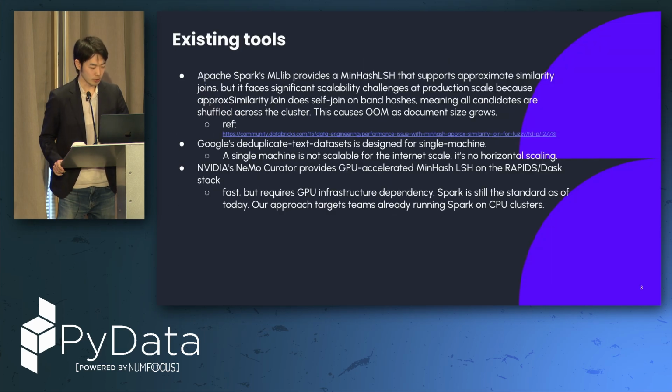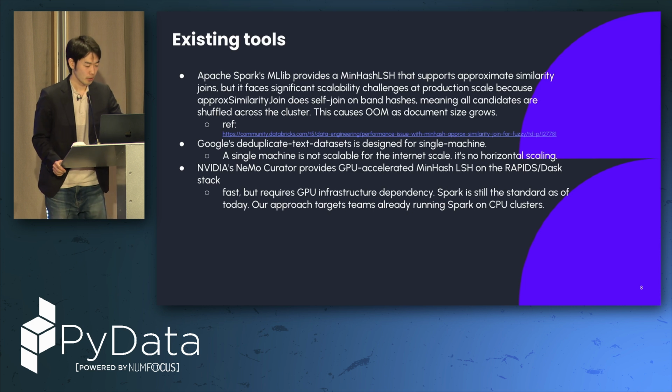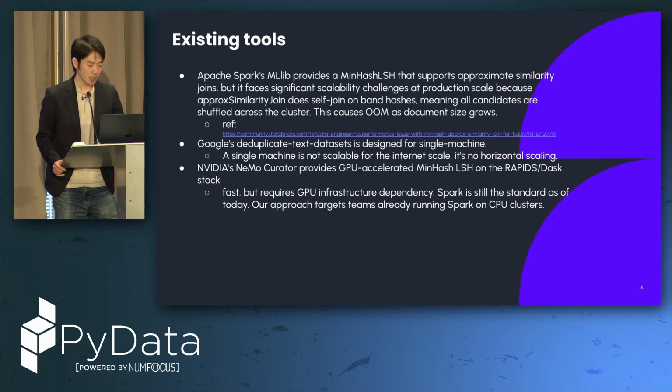So this will require some graph connectivity analysis. All right, so what are some existing tools today? I will pick 3 existing tools, and then I will share some challenges of each of them. First, we have the Spark ML library. They provide MinHashLSH, supporting similarity join, but it faces scalability challenges, and it can easily hit out of memory errors as document size grows.